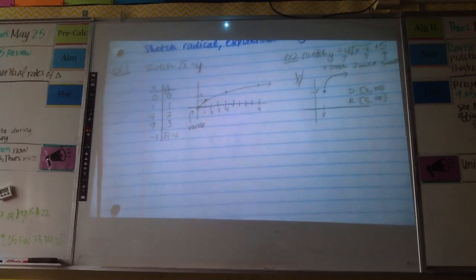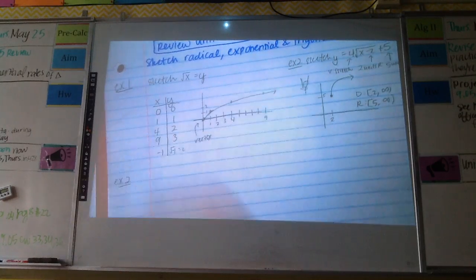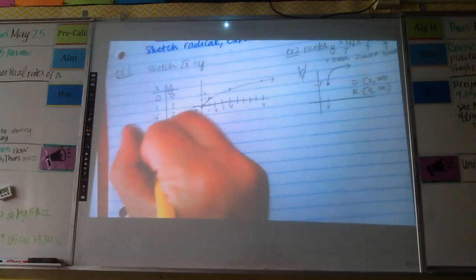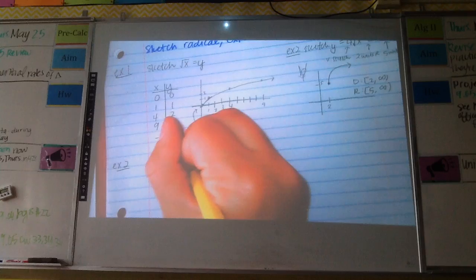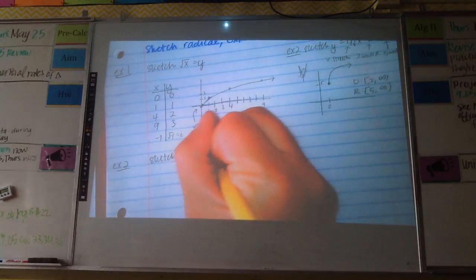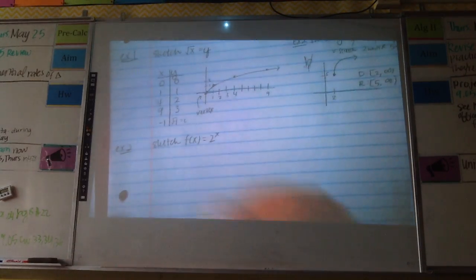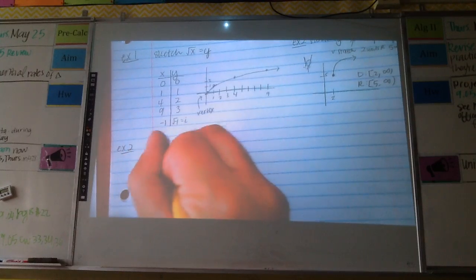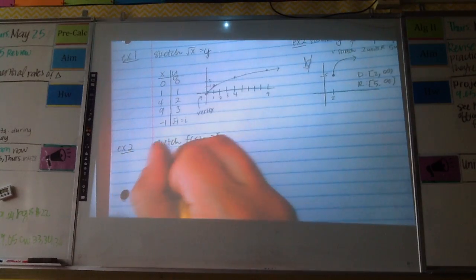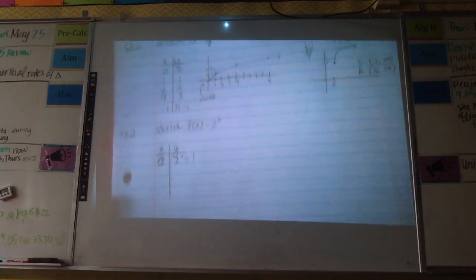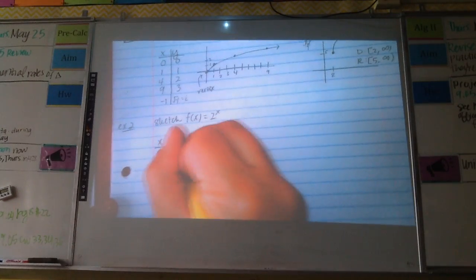Okay, exponential functions. Again, maybe you're thinking on a test, I'm asked to sketch some exponential function. I know a really basic one would be 2 to the x, but I have no idea what that looks like. Well, let's plug in values. If you plug in 0, 2 to the 0, anything to the 0 is 1. Plug in 1, 2 to the first is 2.